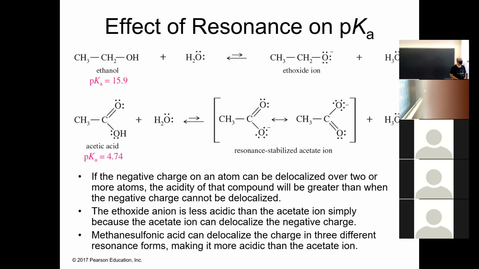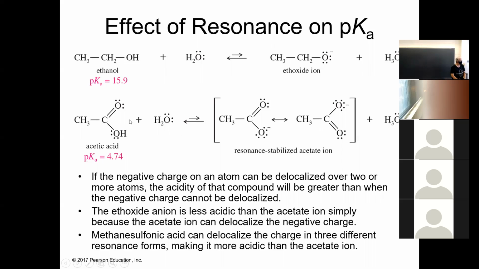Resonance is a big factor in acidity. Here we're comparing ethanol and acetic acid. The difference in pKa values is about 11, so that's 10 to the 11th power, 100 billion. Acetic acid is much more acidic.